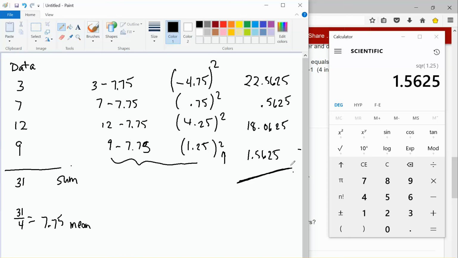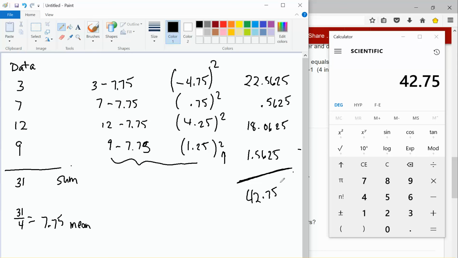Okay, so let's come back here. Let's clear this out, and let's do 22.5625 plus 0.5625 plus 18.0625 plus 1.5625. Add those up, that's 42.75.